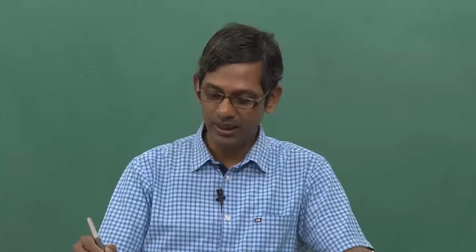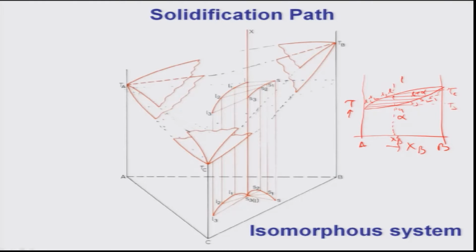In a binary we can draw a dotted line like this, as you have seen, and that is how we can explain the effect of non-equilibrium solidification. But can I do it here? That is possible, and we will discuss it a little in the next class, but for the time being just try to concentrate on this polythermal section and understand.